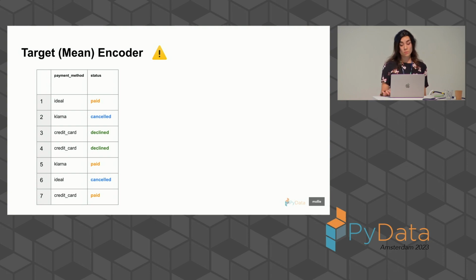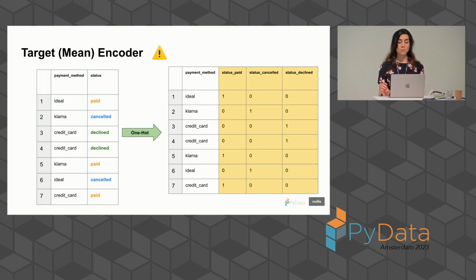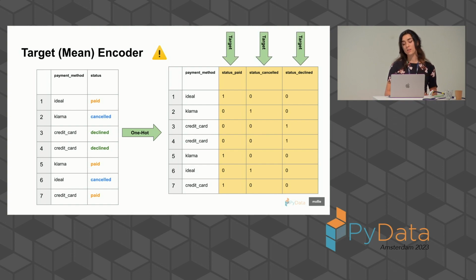So what we can do instead is first apply one-hot encoding that we covered earlier, now on the target, and then for each of the resulting columns, we can apply the target encoder. That way we encode for each of the different values in the target variable, and we avoid the challenge of multi-classification.